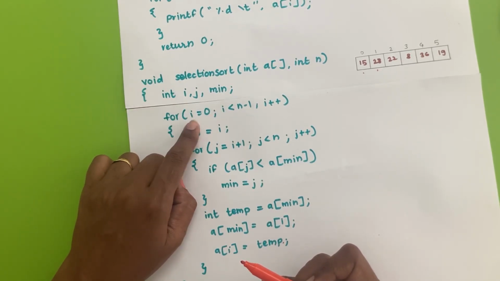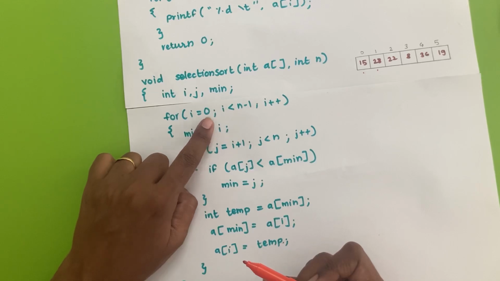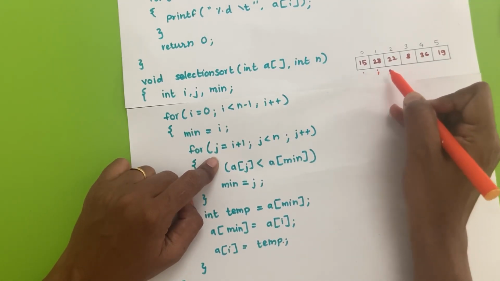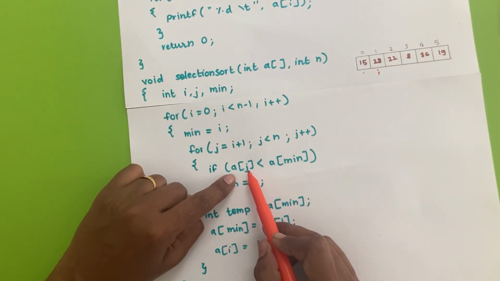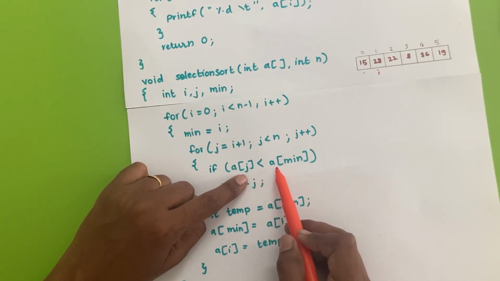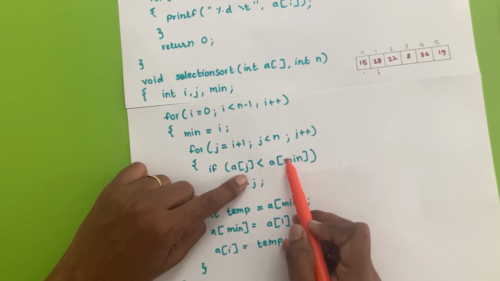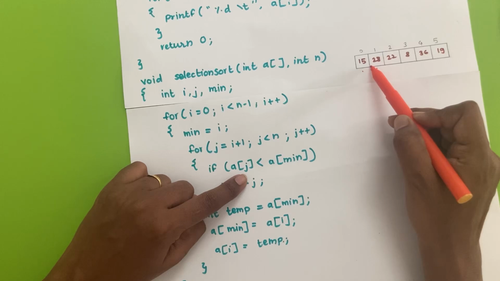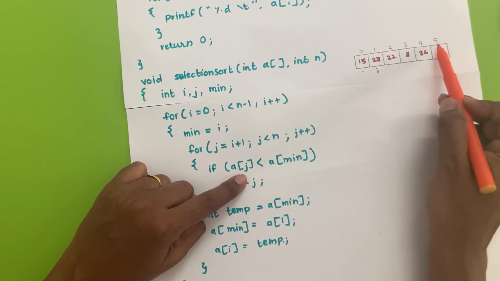So now the value of i is 1, and again j will start from i plus 1. So again a of j will get compared with a of min, and this time min is the first element. Now we are finding the smallest element from index 1 to index 5.